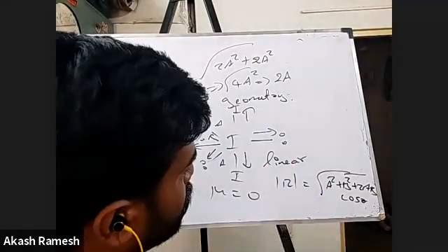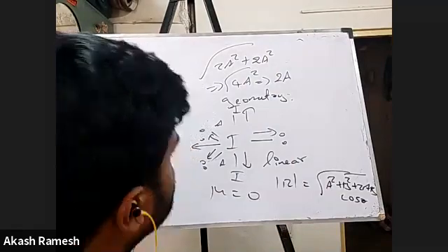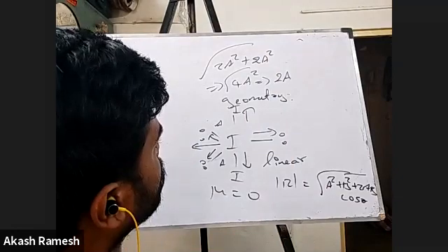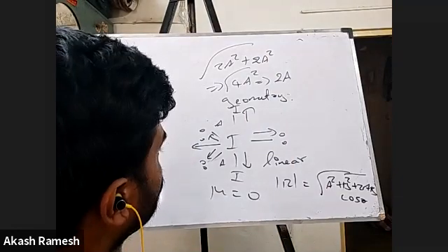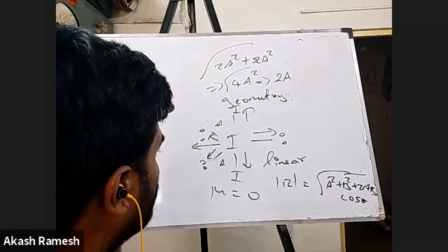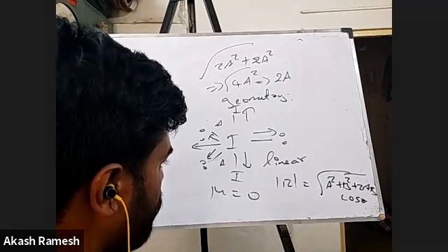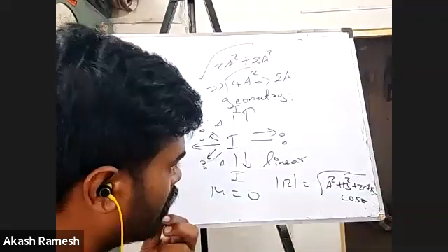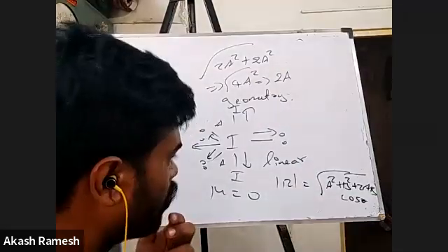2a squared cos theta. Now maybe I'm doing something wrong, maybe cos theta plays a role.